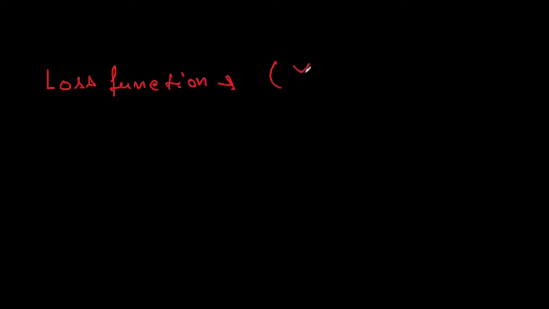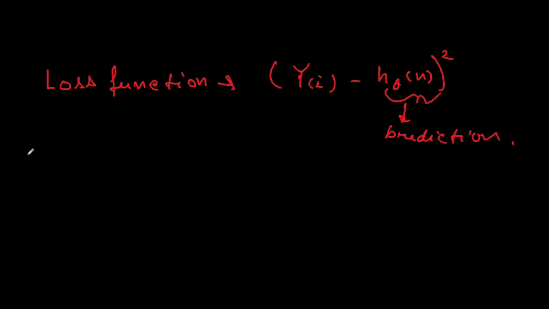Which is basically y i, for some specific i, minus h theta of x whole square. y i is the original output, and h theta of x is the prediction, right?